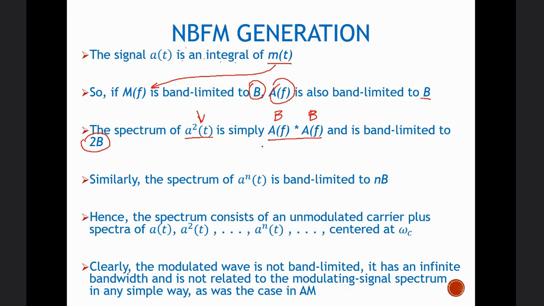So this is from the convolution property of Fourier transform. So this means the spectrum of a to the n(t) would be band limited to nB.